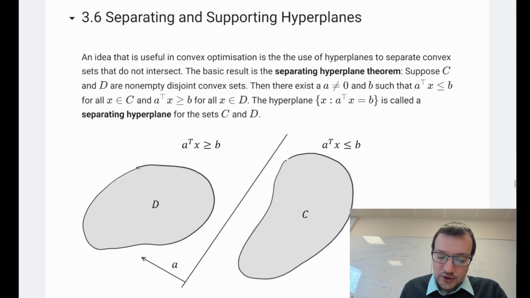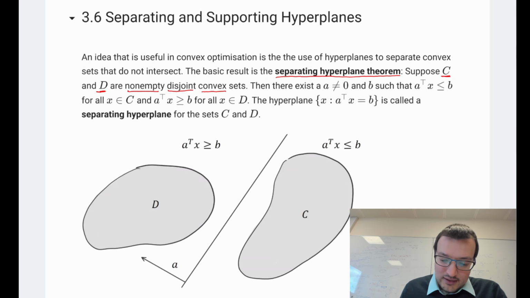The first one is called the Separating Hyperplane theorem, and it says the following. We consider two sets, C and D, which are non-empty, disjoint, and convex. Then this implies that there exists a separating hyperplane. What is a separating hyperplane?